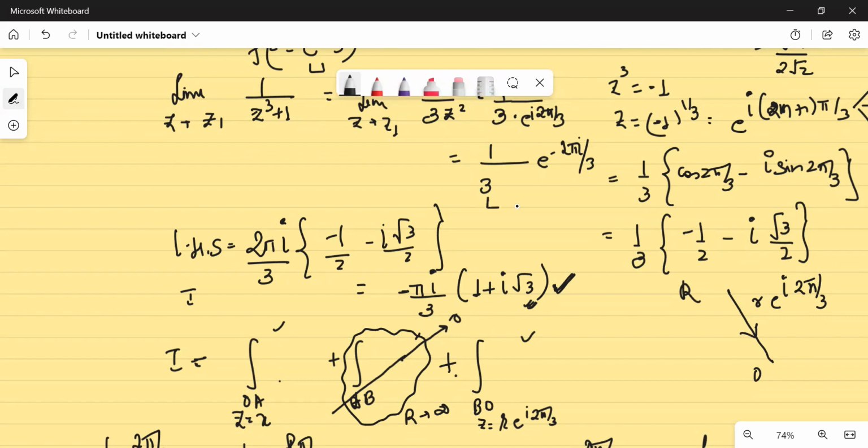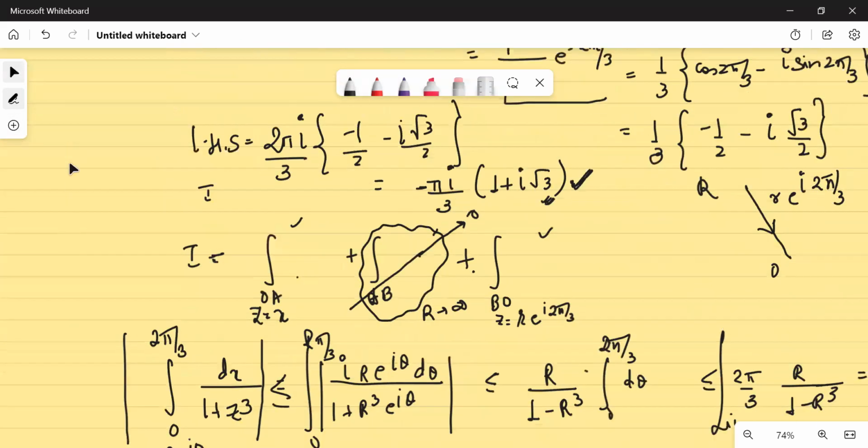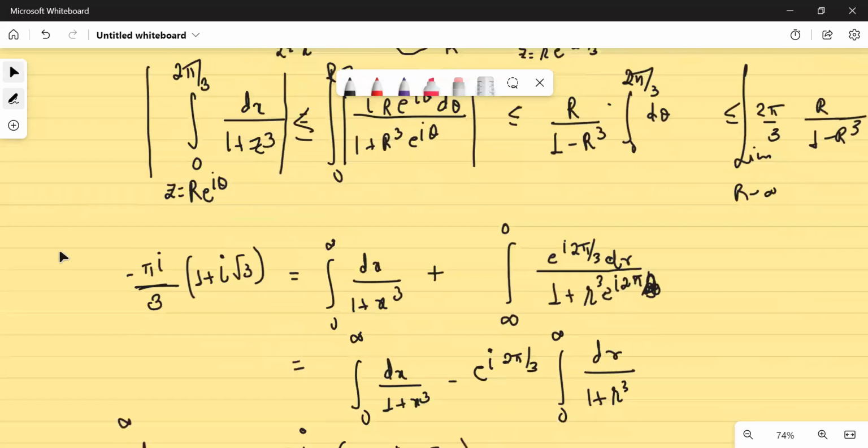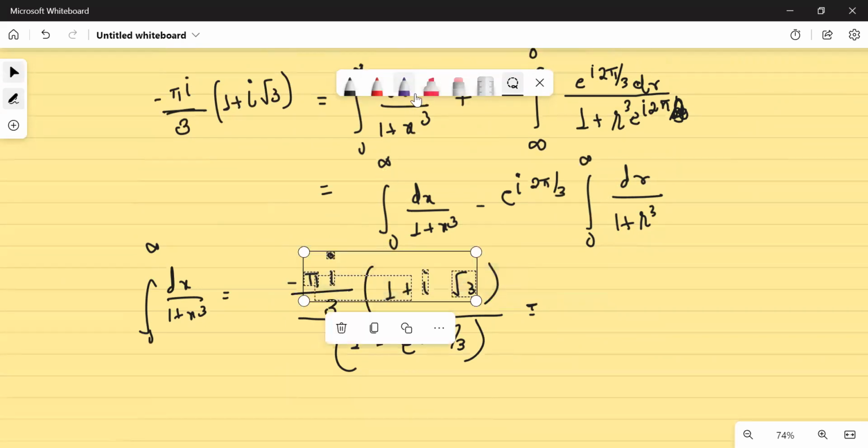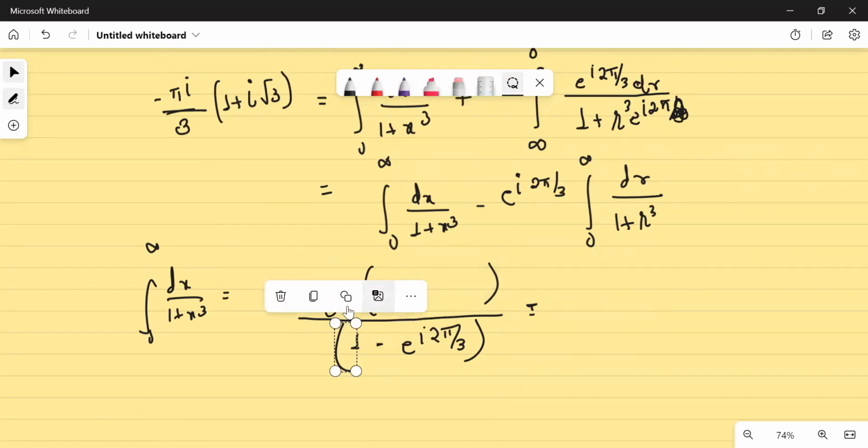so this was my integral, right? So I'll take this. So 1 upon 3 e to power minus 2 pi iota by 3. So what is your numerator? Instead of this, I would prefer writing this. Okay, so instead of, is that clear? Is it understandable, or not?